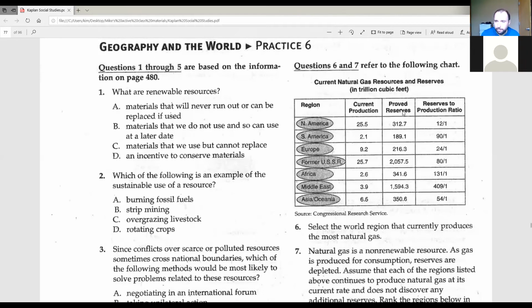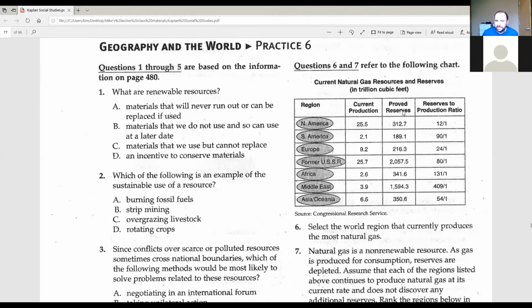We have A, burning fossil fuels, B, strip mining, C, overgrazing livestock, or D, rotating crops. You might have to take a shot in the dark on this one, or you might be able to eliminate some. So just look at the wording of some of these.